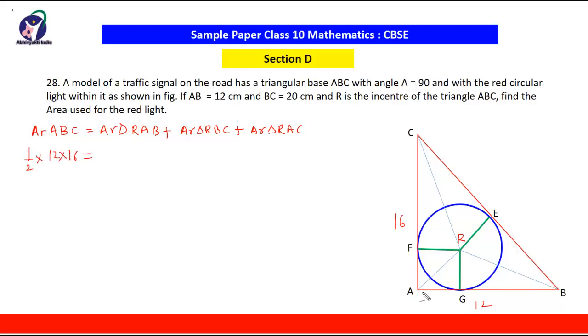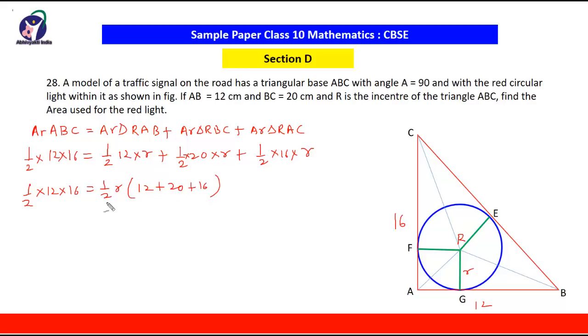This is RAB, that is 1/2, base will be 12 and height will be R radius, so it is 1/2 into 12 into R, plus in this triangle it will be base is BC, that is 20, so it will be 1/2 into 20 into R, plus in this triangle it will be 1/2 into 16 into R. Now here 1/2 will be the common factor and R will also be common factor, so you will get 1/2 into 12 into 16 is equal to 1/2 R into bracket 12 plus 20 plus 16. So this 1/2 and 1/2 will get cancelled.